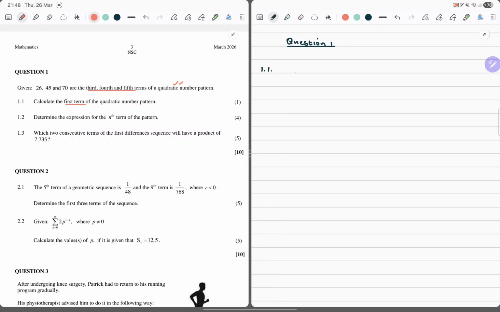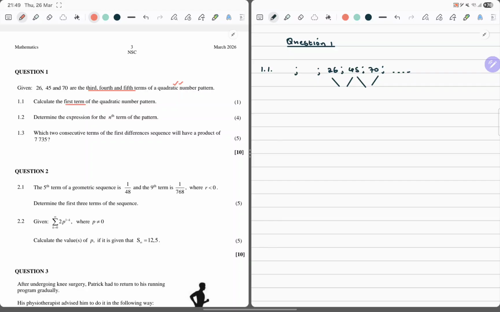We will have the first term, second term, and then our third term 26, fourth term which is 45, and our fifth term 70, and the pattern continues. And we know guys, we always have the sequence of first differences, so we're going to use that to our advantage.